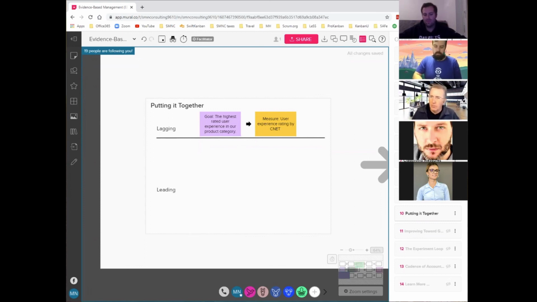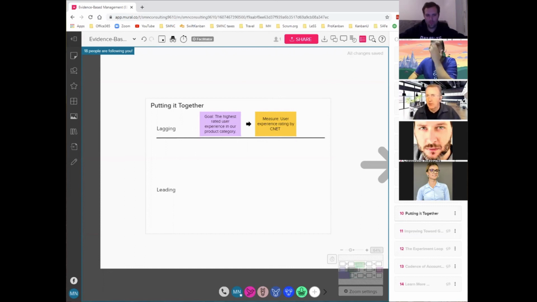The question is, what might be leading indicators? What things might we measure now to determine whether we're likely to achieve the highest rated user experience as measured by CNET? So I'm going to ask you to brainstorm that for just a minute. This might not be your domain, but you're probably familiar with internet products like Amazon.com or eBay or social media, things like that, and how easy it is to use those products.